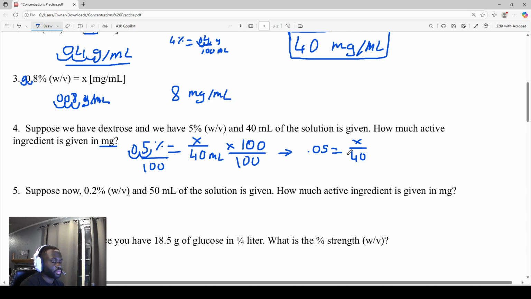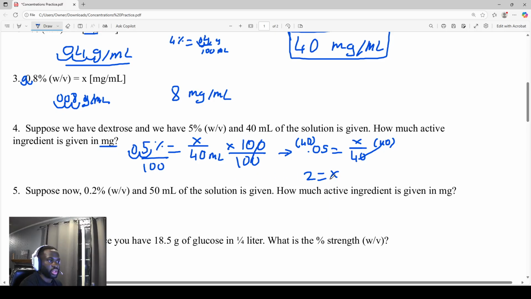So then what we do is we multiply both sides by 40. By doing this, we get rid of this, right? So 0.05 times 40, that's going to be 2. So X is going to equal 2, right?